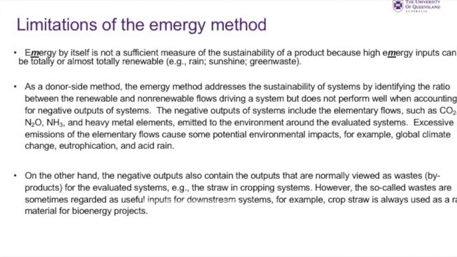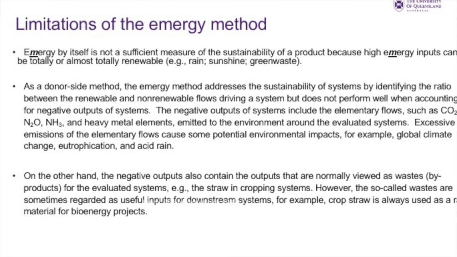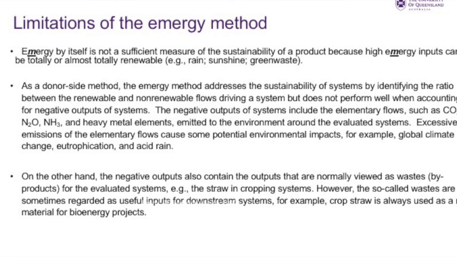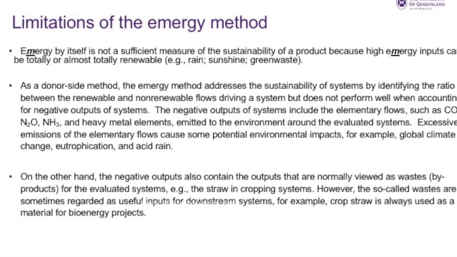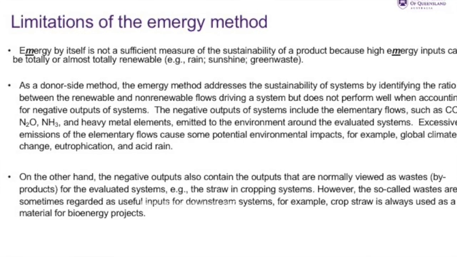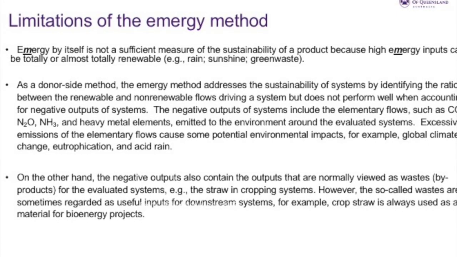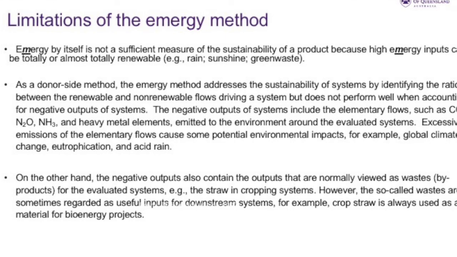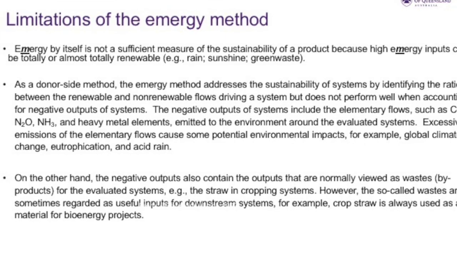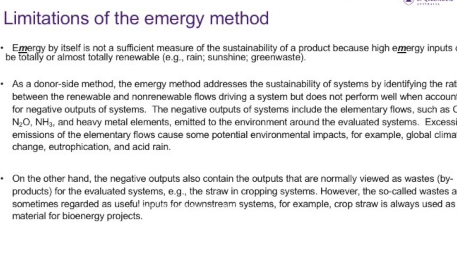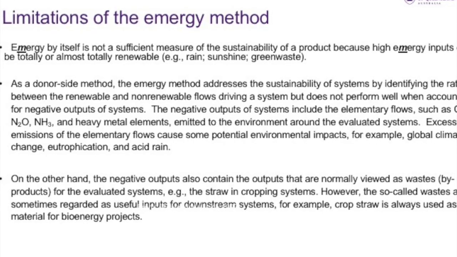It only considers the inputs into the system of energy, right? But negative outputs of systems can include CO2 emissions or NOx or other type of emissions, including heavy metal elements that are not considered in the method, right?